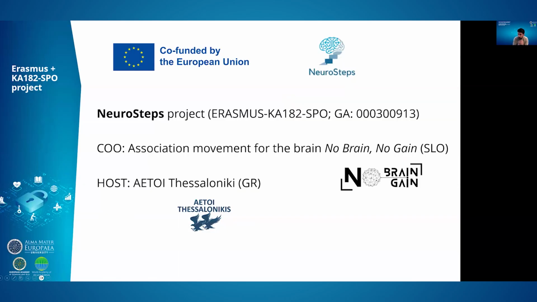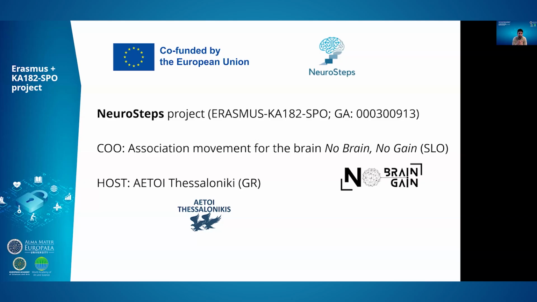So the project which I will present you today is an Erasmus Plus mobility project, K182, that was funded in 2025. It started actually in September 2025, and it will run until September 2026.